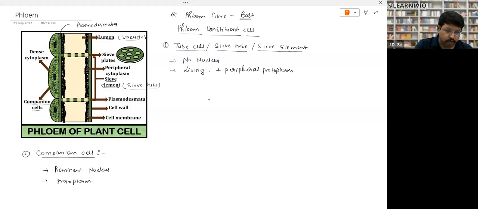First heading will be phloem. Please start noting. Phloem is a complex tissue that transports organic food inside the body of the plant.